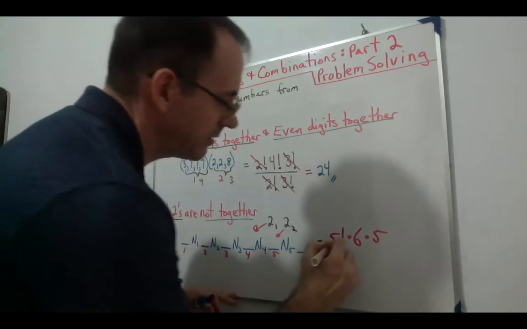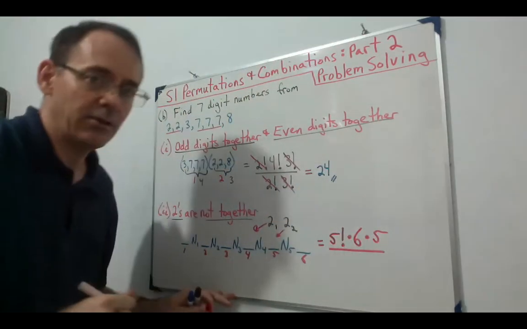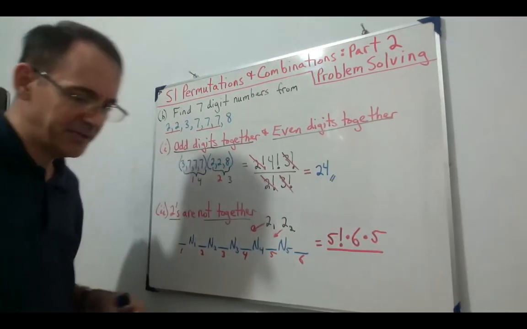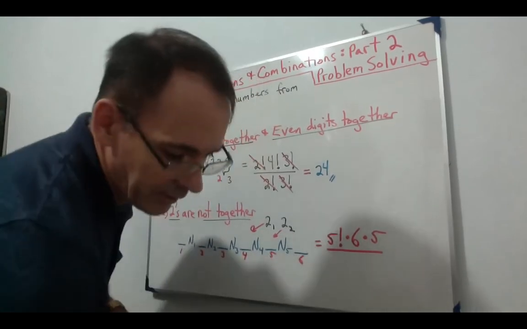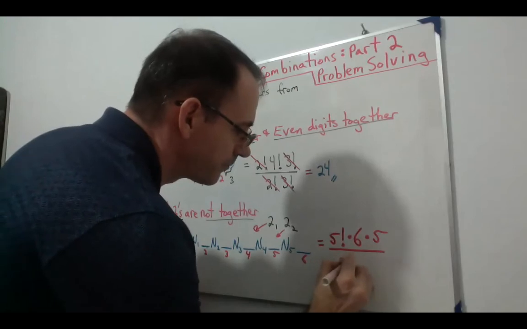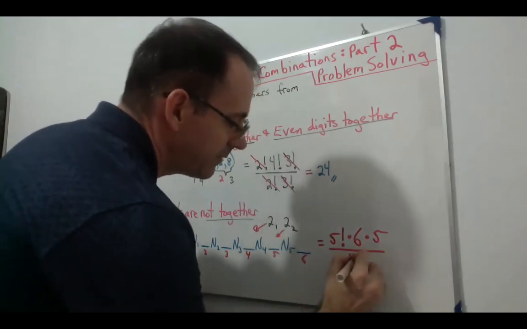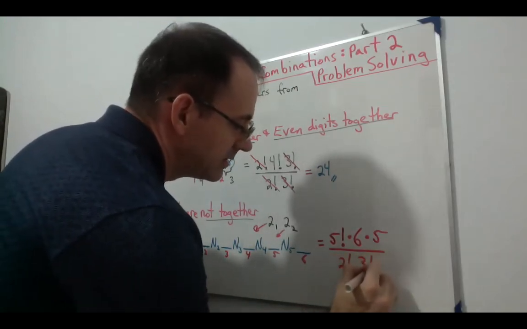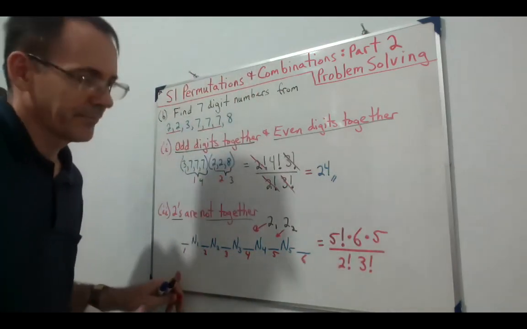That doesn't affect anything. Also, don't forget, we still have the issue of identical numbers. So when we have our identical numbers, we still have 2 2s, and we still have 3 7s, right?